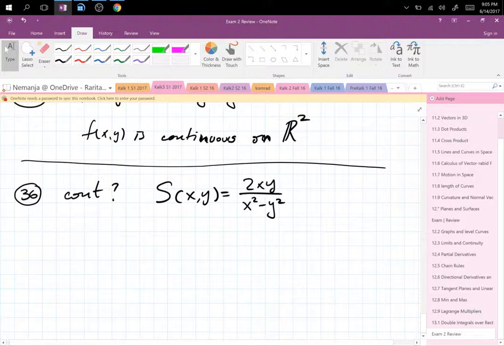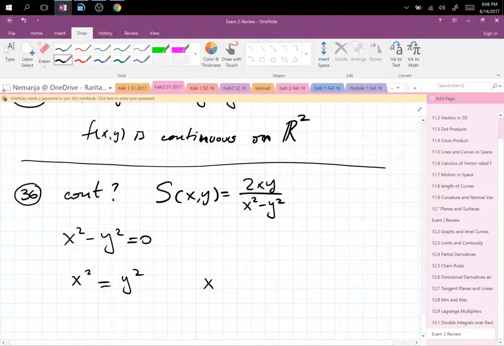Because that's when the whole thing explodes. So we have x squared minus y squared equals 0, which tells us that at any point x squared equals y squared. Wow, that's a lot of points. That's infinitely many points. So we can say y equals plus or minus x.